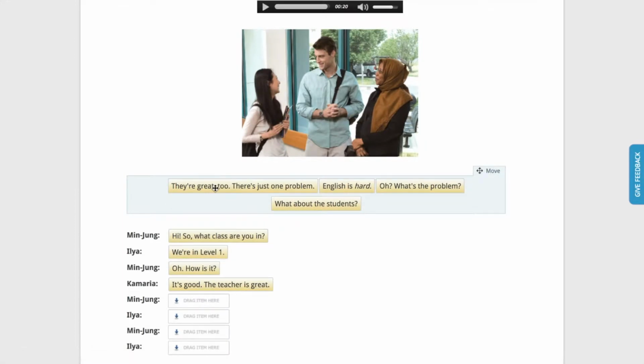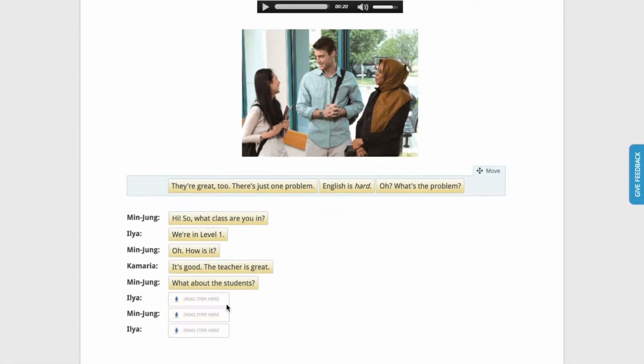All right, we went a little ahead. Okay, it's good. So we know that the next question was, what about the students? We know the teacher is great. Are the students great too? I guess that's what Ming Jing wants to know about. They're great too, you know? Between the teacher and the students, they're great.